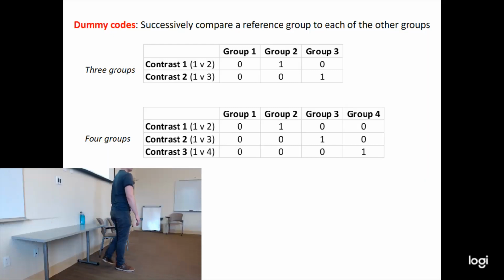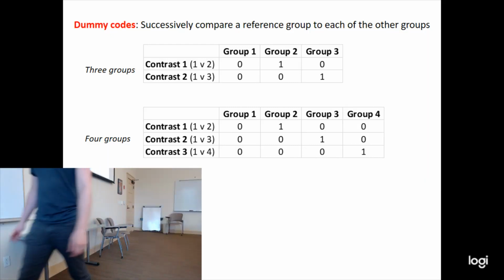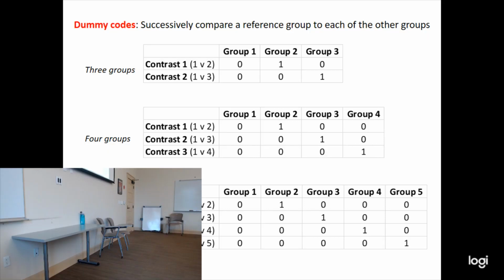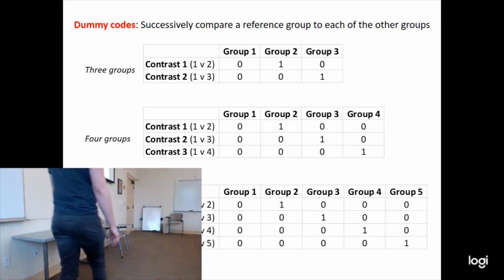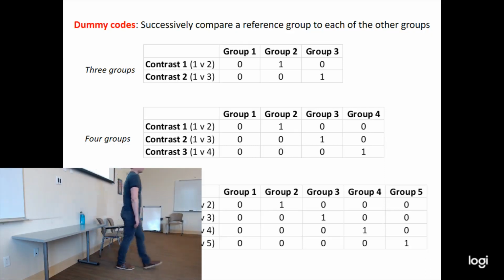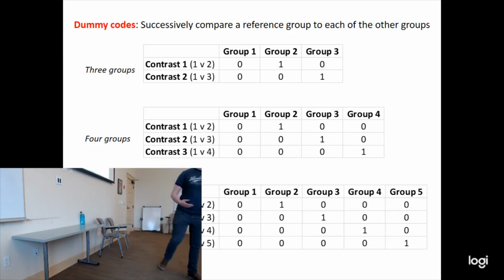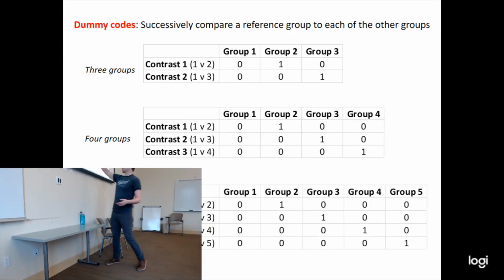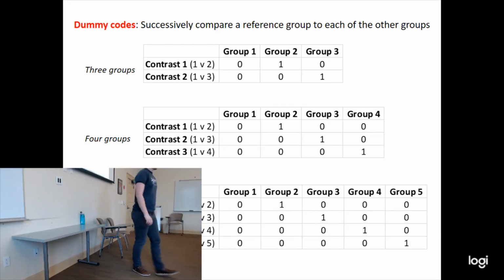It's really quite easy. If you want to extend to 5 groups, you add one extra mechanical variable and rotate which group gets the one. And notice that each contrast represents the reference group of 1 versus 2, 1 versus 3, 1 versus 4, and 1 versus 5. And you can extend that as much as you like, ad infinitum.